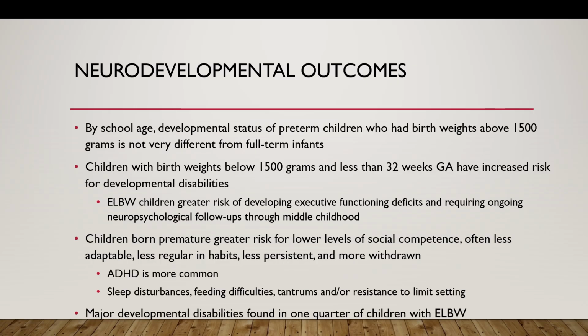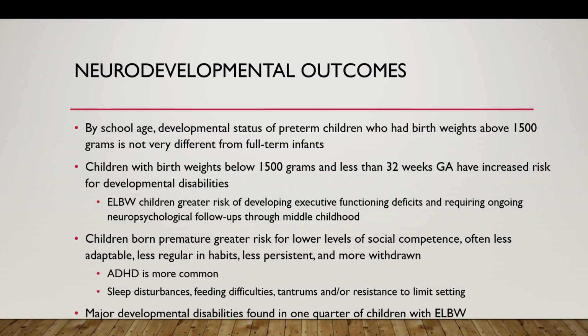So by the time a preterm baby enters school, the developmental status of children who had births above 1,500 grams, which is about 3.3 pounds, it's not very different from full-term infants. Children with birth weights below that 3.3 pounds and less than 32 weeks gestational age at birth have an increased risk for developmental disabilities.